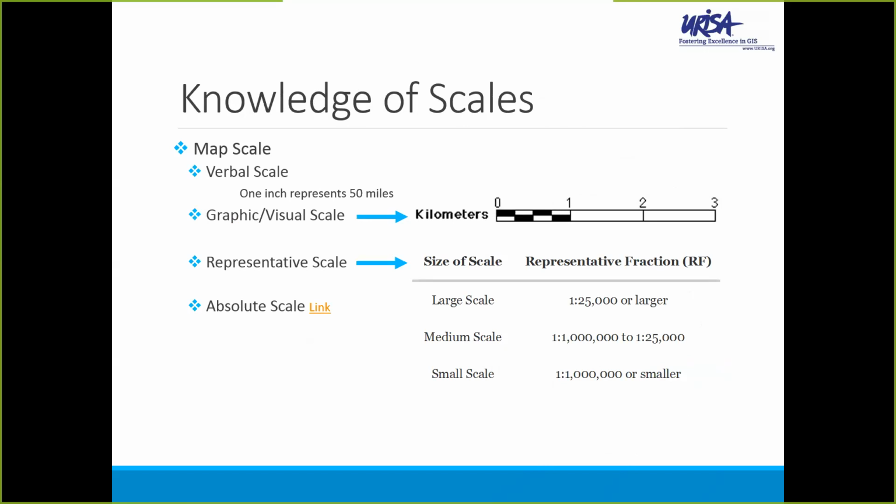All right. So I mentioned scales earlier, as far as small and large scale, which I did my best to explain the basics of that, the difference between the two. So when you're representing it on a map, you've got a verbal scale, 1 inch to 50 miles. But you also have your graphic and your visual scales.